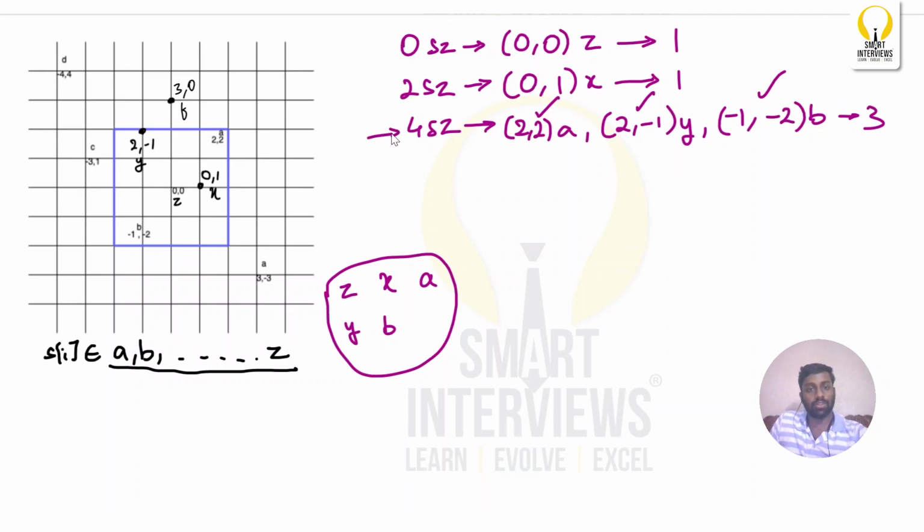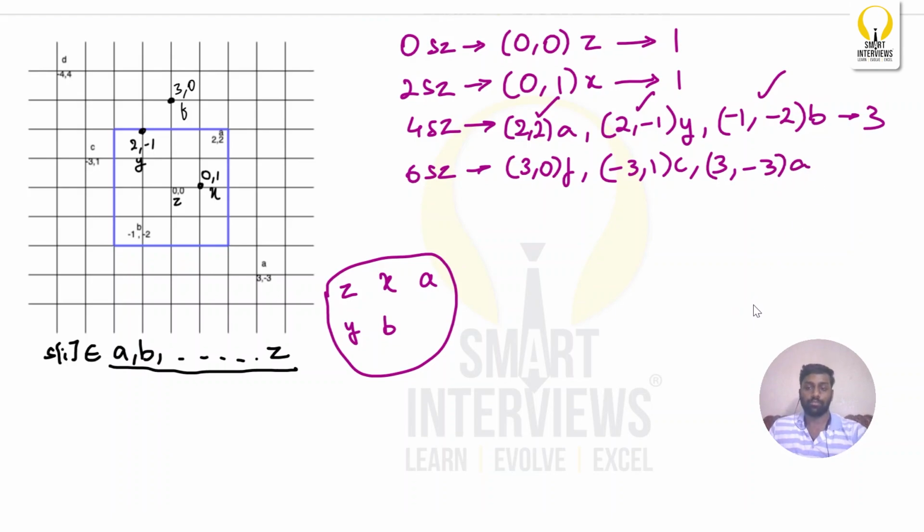Next, after the 4 sized square, what comes next? The 6 sized square. So for the 6 sized square, the elements here are first 3 0 f, then minus 3 1 c, then 3 minus 3 a.